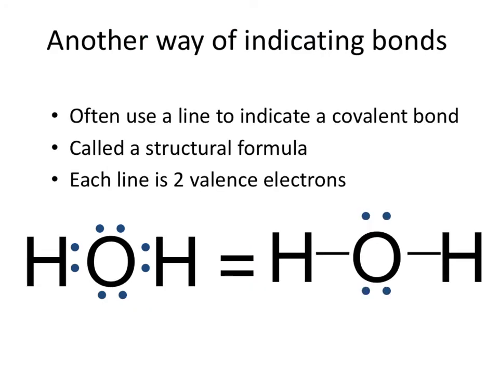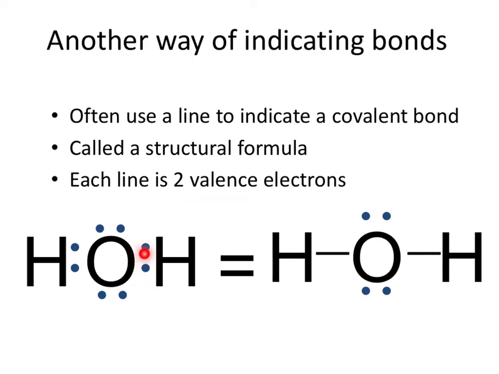Now, there's another way that you can indicate bonds. Instead of having all these dots around everything, you can use a line to indicate those shared electrons or a shared pair. This is called the structural formula, and this is probably what you've seen before. Remember, each line represents 2 valence electrons.